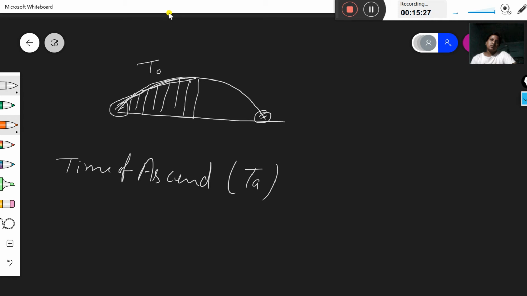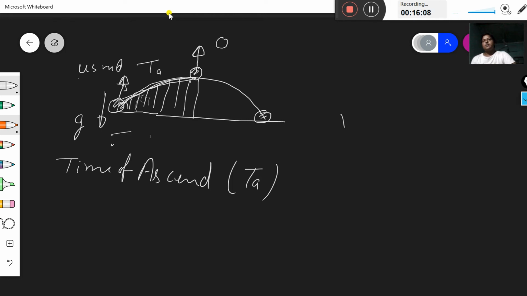Time taken is Ta. In this part, initial speed is u sin theta, retardation is g, and at the final stage of ascending, speed becomes 0 because of retardation.